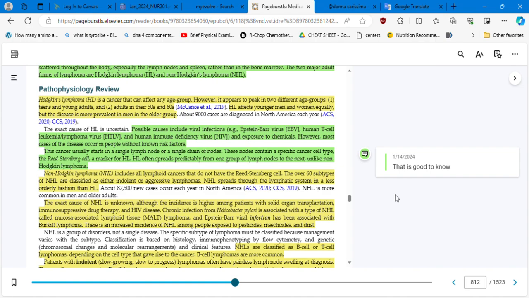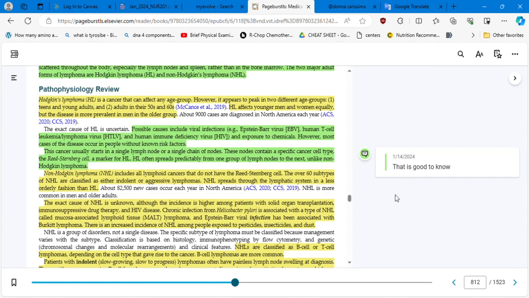It often spreads predictably from one group of lymph nodes to the next, unlike non-Hodgkin lymphoma. So the Reed-Sternberg cell is always a marker for Hodgkin lymphoma. Non-Hodgkin lymphoma does not have the Reed-Sternberg cell.